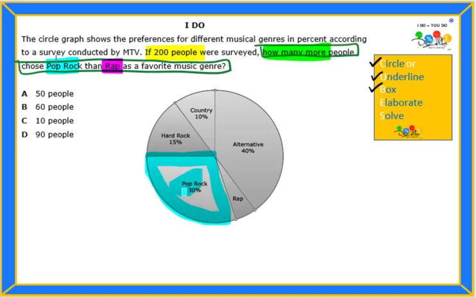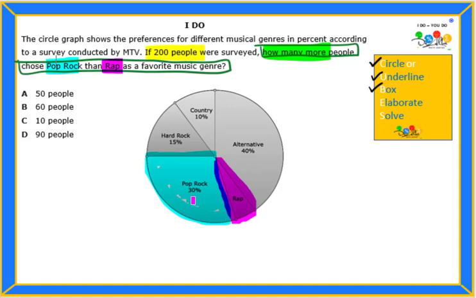So this right here is important. Also, rap. So those are the two sections that we are interested in. And then we are going to see if we have everything we need.